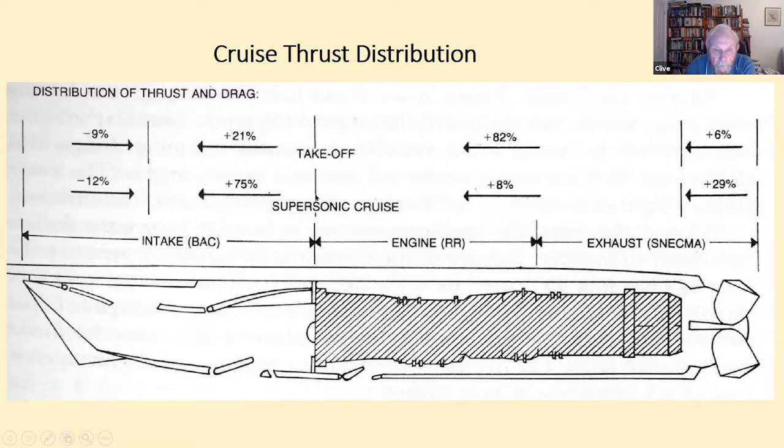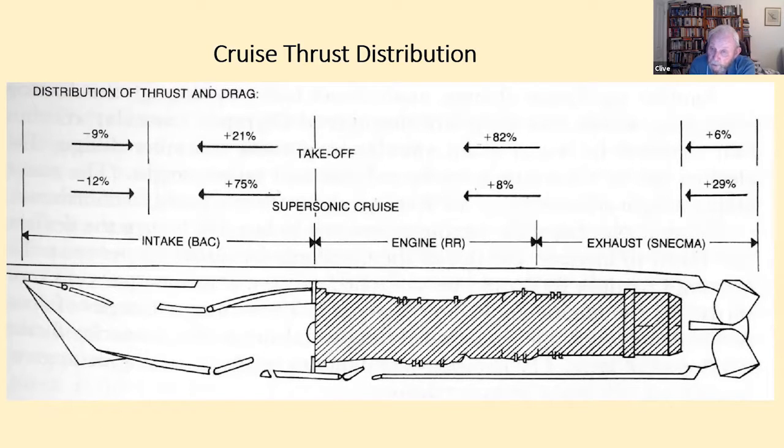The intake in this part, in the subsonic diffuser, is about 75% of the total. So the intake net is about 63% of the installed thrust. The engine only gets about 8% in that way, and the propelling nozzle actually is 29%.